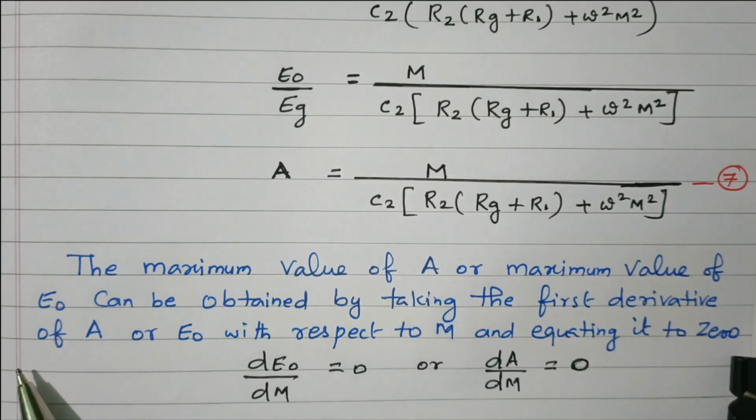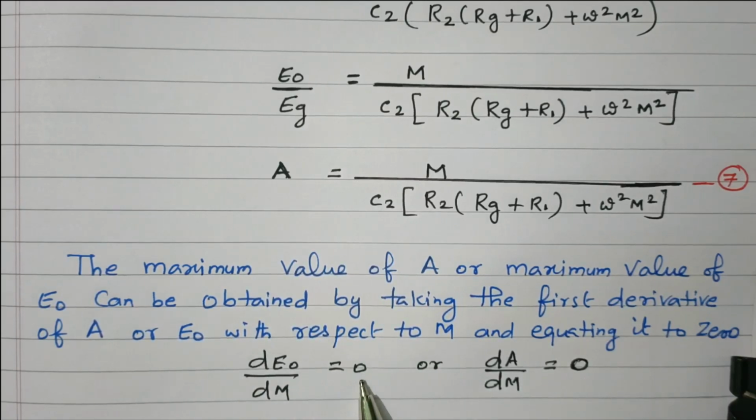So it mainly depends upon the mutual inductance. In both the cases mutual inductance is the dependent parameter. So dE0 divided by dm is equated to 0. Differentiating E0 with respect to mutual inductance and equating to 0 will give the condition for maximum output voltage. Similarly, differentiating A, the amplification factor, with respect to mutual inductance and equating to 0 will give the condition for maximum amplification.